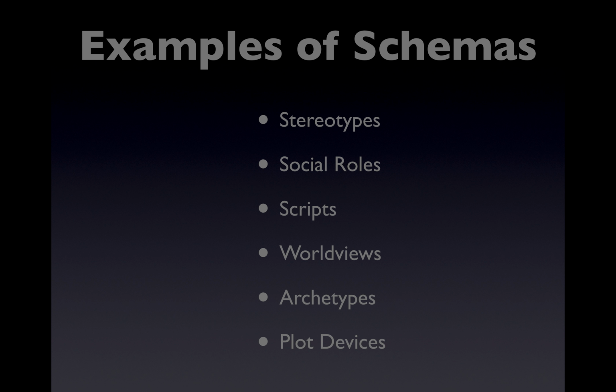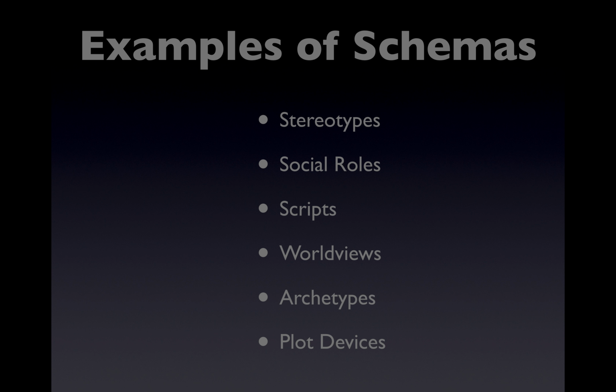Okay, so I've introduced the idea of schemas, that we have existing knowledge that we bring to bear in our interpretation of the world, that when we hear about something, we automatically call up a memory or a knowledge structure that has slots and default values that allow us to anticipate and make sense of the world.